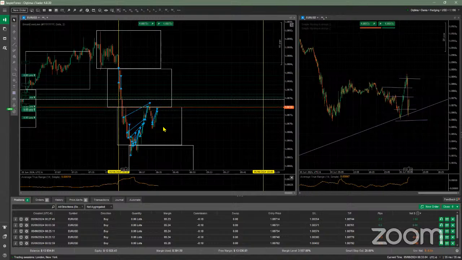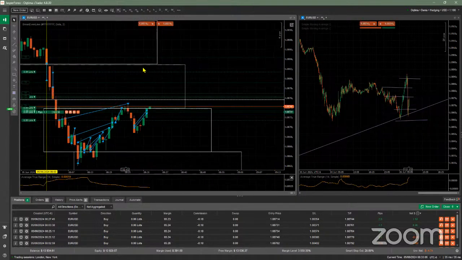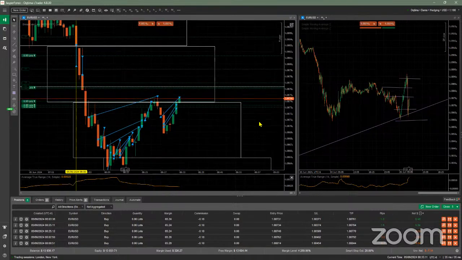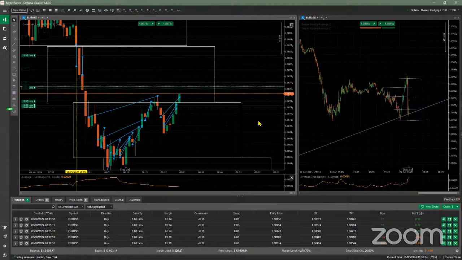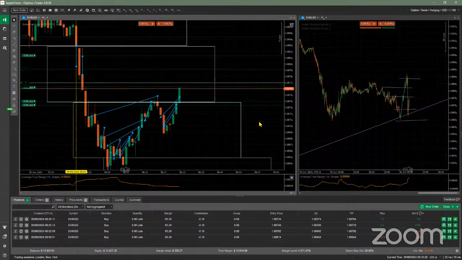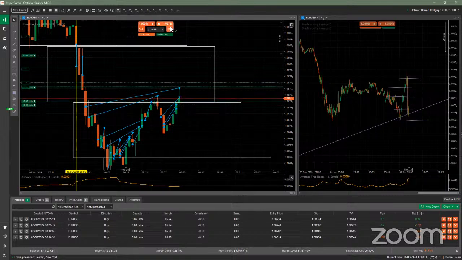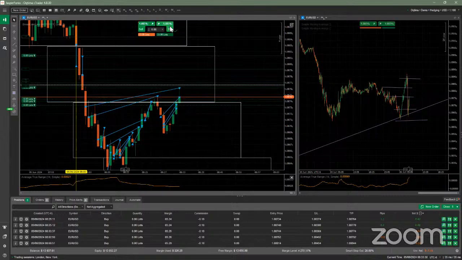All right, let's recycle this if we get a chance. There we go. And red candle. We need to see a red candle or a pullback like that. Nice little retracement.